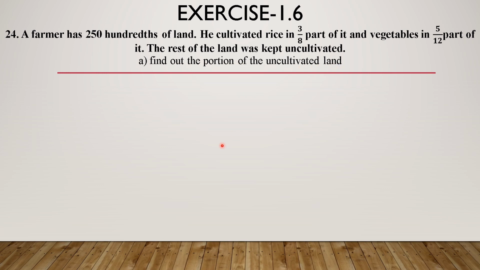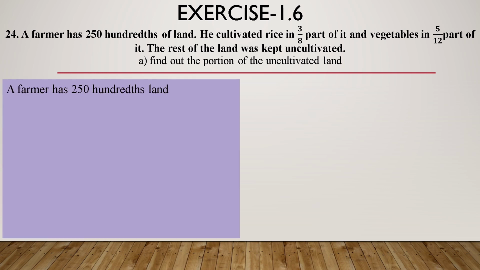So let us see the solution, my dear. As you can see, a farmer has 250 hundredths of land. He cultivated rice in 3 by 8 part of it. Of means multiplication, that's why 3 by 8 of 250 hundredths, and we can reduce them: 250 divided by 8.